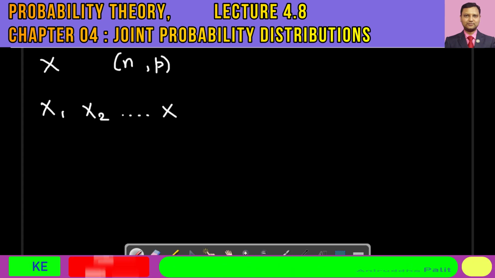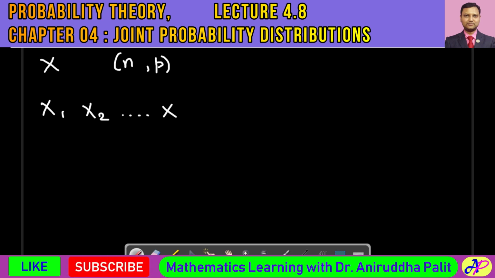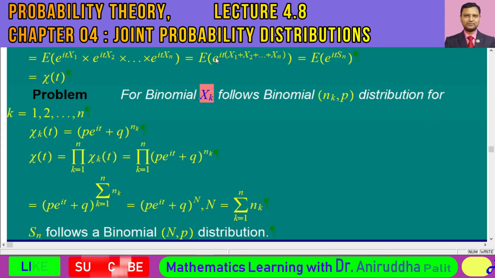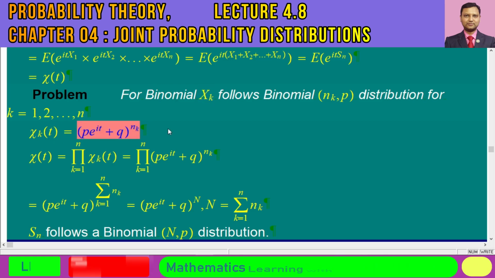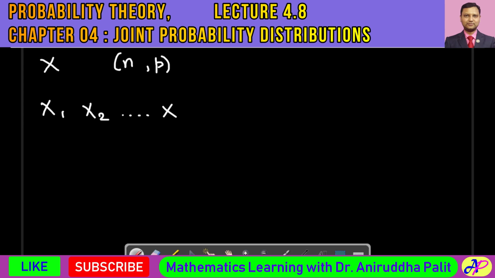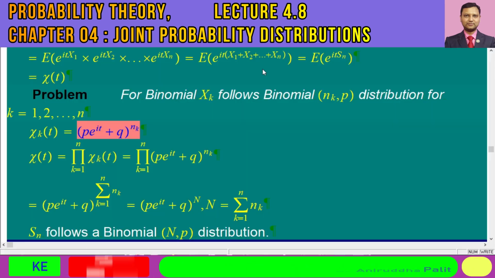What we had in the previous chapters, we already put this result: this is the characteristic function of the random variable x.